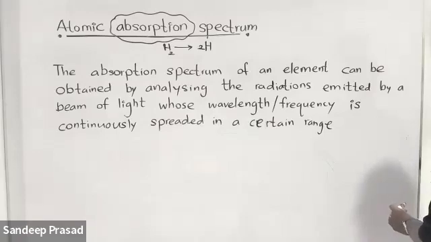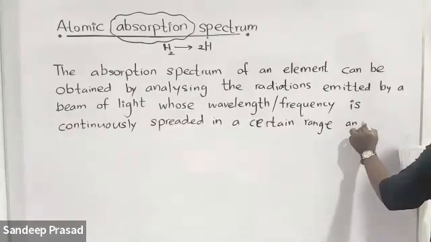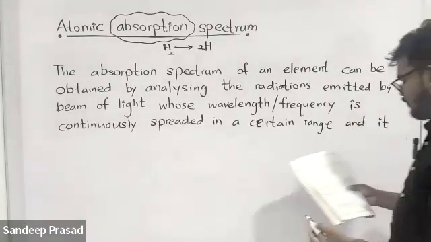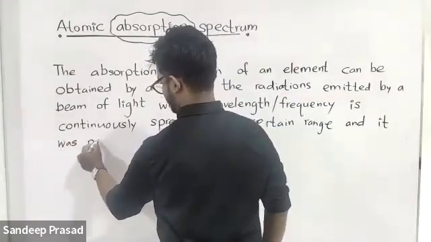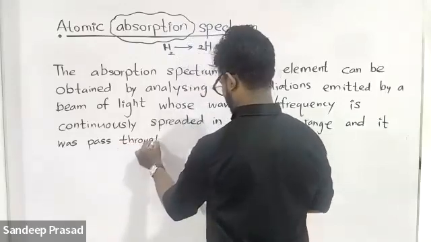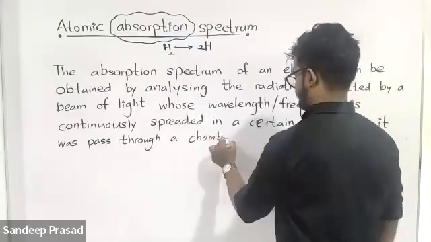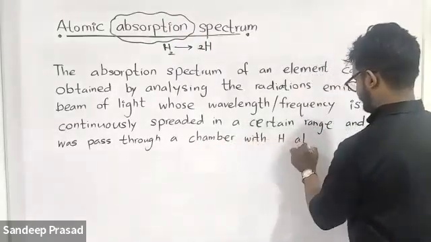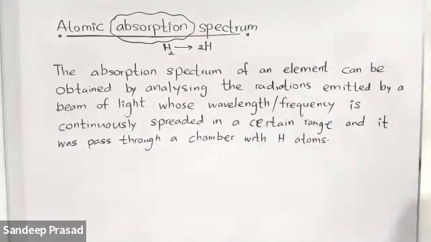wavelength or frequency is continuously spread in a certain range, and it was passed through a chamber with hydrogen atoms. We are using a chamber with hydrogen atoms, right?